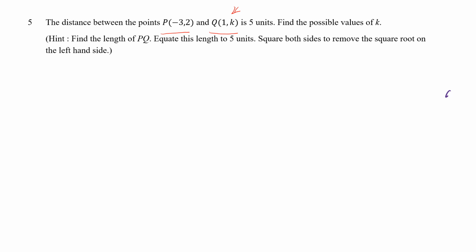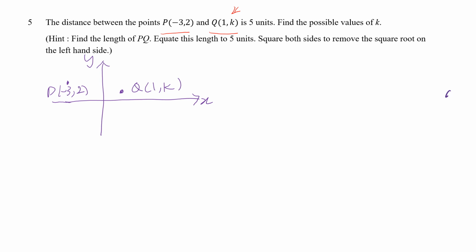So there is two pieces of information here, okay? If you were to do a sketch of how the 2 points look, point P is negative 3, 2, so it would be, let's say, roughly here. And you have a point Q which is 1, k. So you don't know where k is, but you know the x coordinate is 1. So it could be somewhere here.